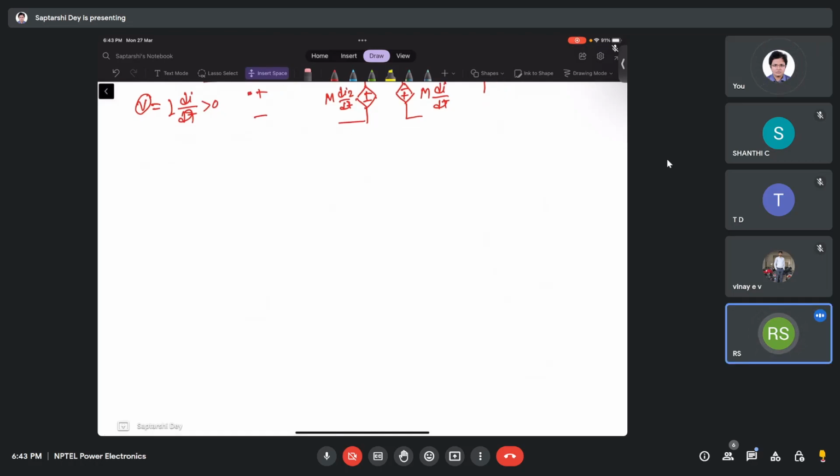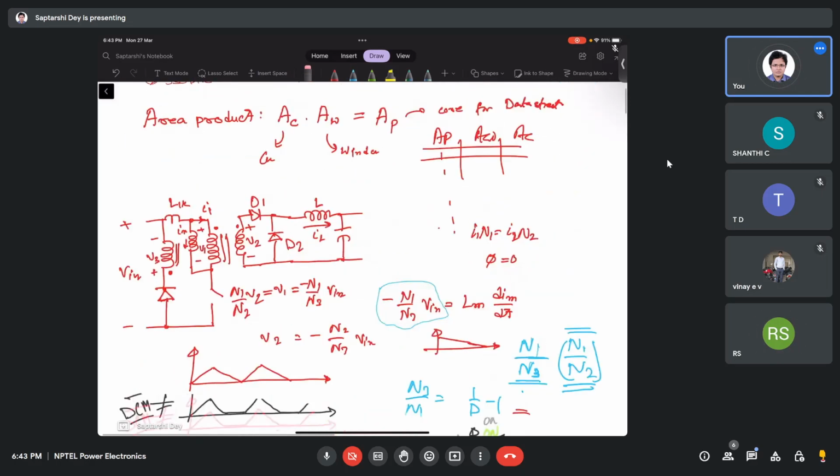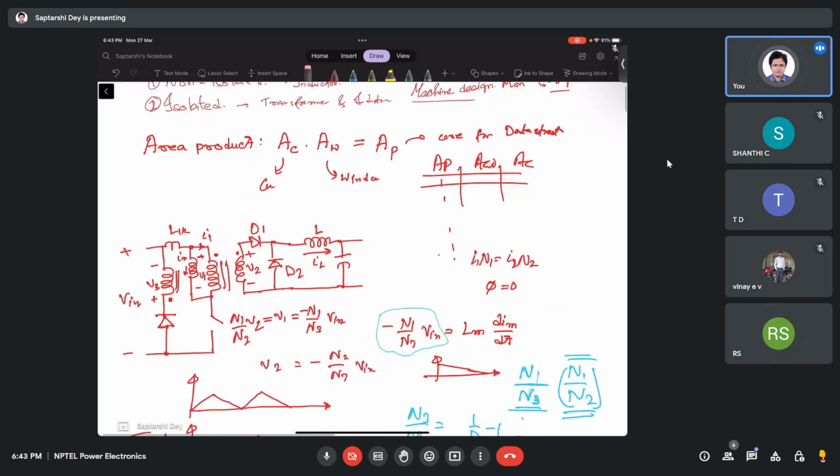But in both forward and flyback, in both primary and secondary winding, the volt second balance needs to be maintained, is it, sir? For the forward converter, you cannot say both primary and secondary, because only the magnetizing inductance is the inductor.